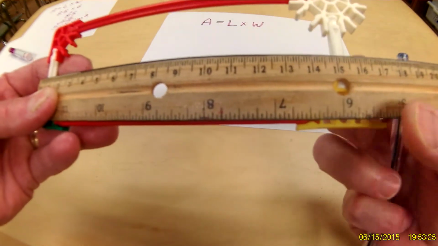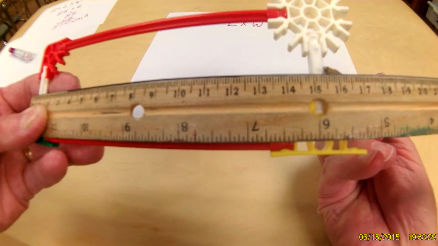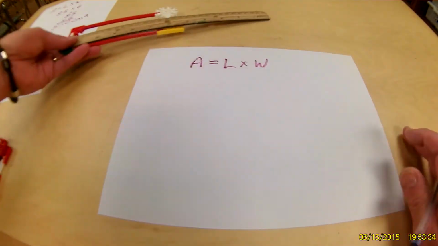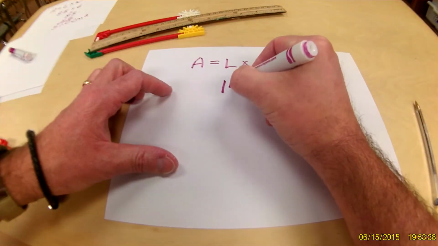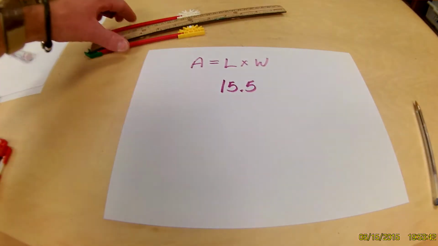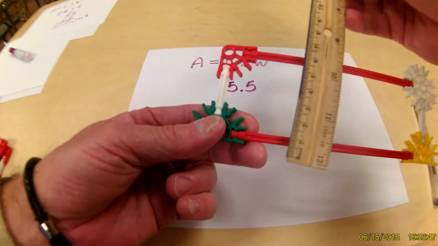So I have 15 and a half to this point right here. 15 and a half. So my length is going to be 15.5 centimeters.